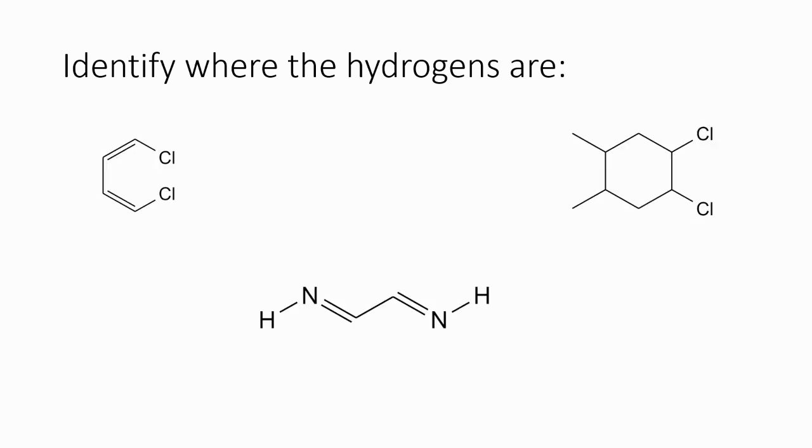So let's go through this together. If I'm looking at this carbon, how many hydrogens are there? Not 2. You're close. 3. There's 1. So if we look at this carbon, we have a chlorine bonded, and then we have this carbon is bonded twice to this other carbon. And so the last one is hydrogen.